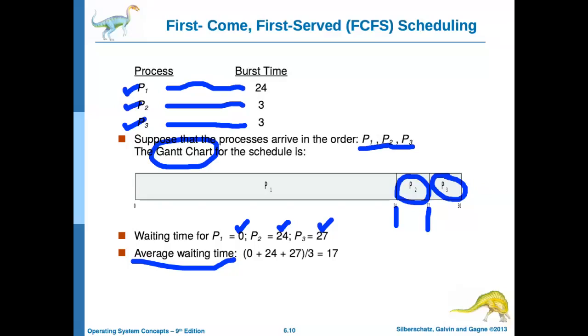If waiting time is denoted by W, I can say Wi, where W denotes waiting time and i denotes the ith process. Here the process numbering started with 1. Then the formula becomes very simple.